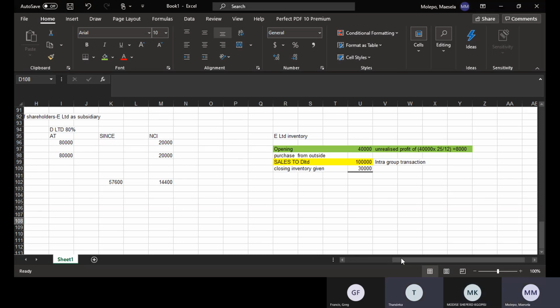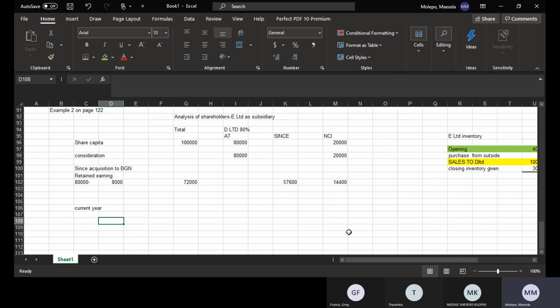Okay, cool. And then when we go to the current year, it will be the profit of the subsidiary. So let me do the calculation with the profit for the subsidiary, like a mini income statement, which normally would be the profit before tax of 60,000, as shown from the pre-adjustment trial balance.